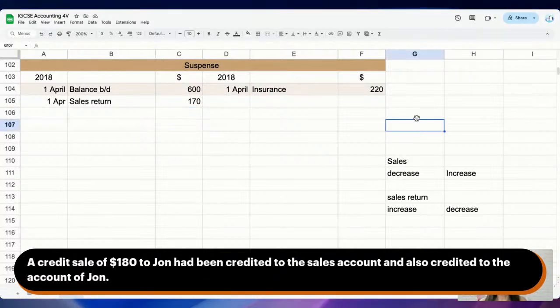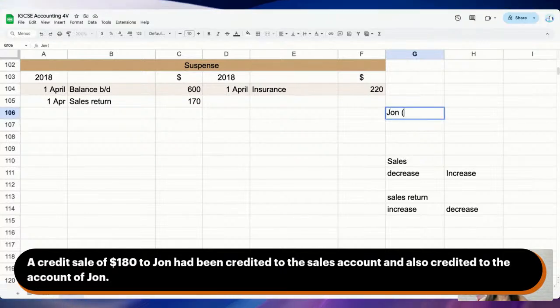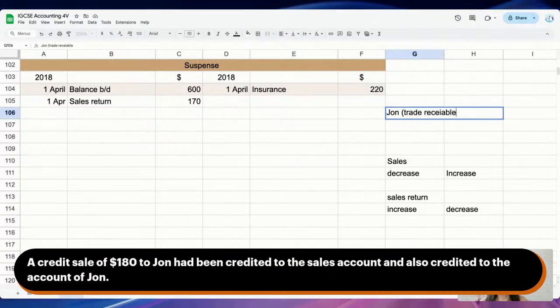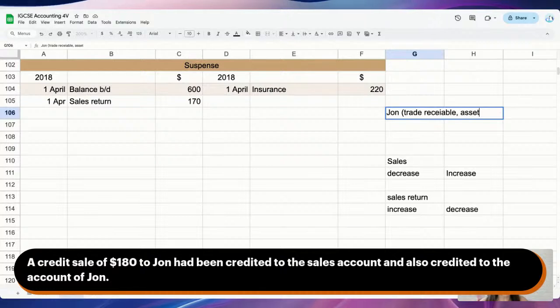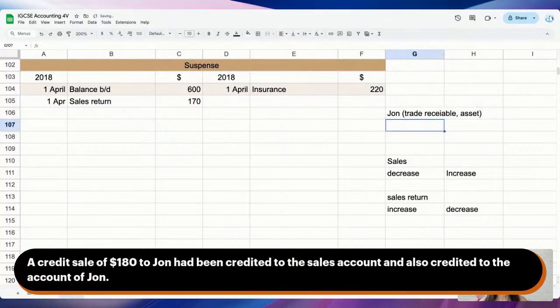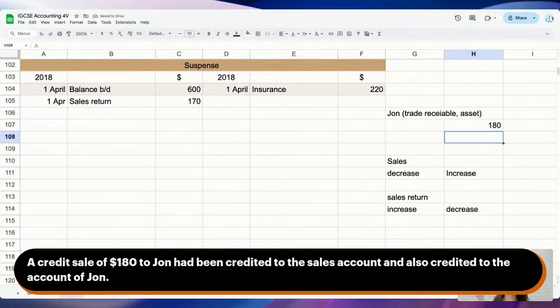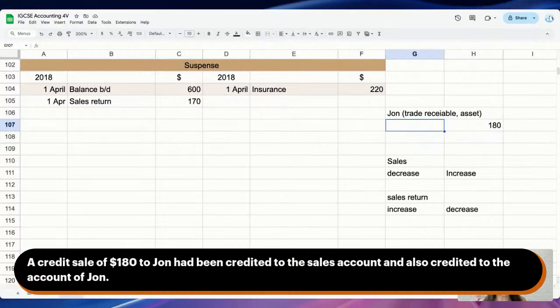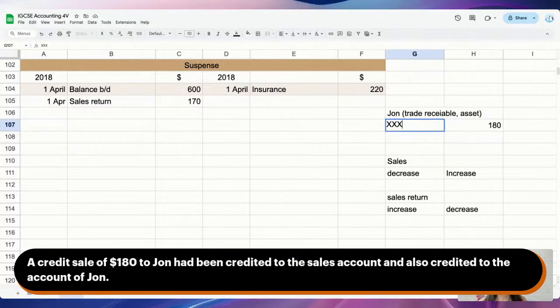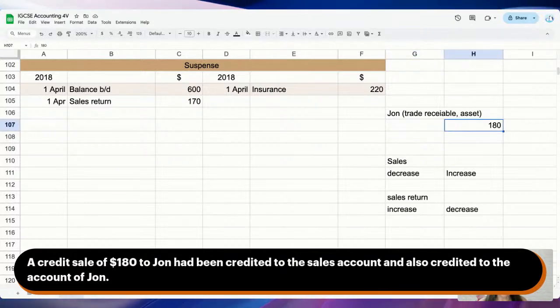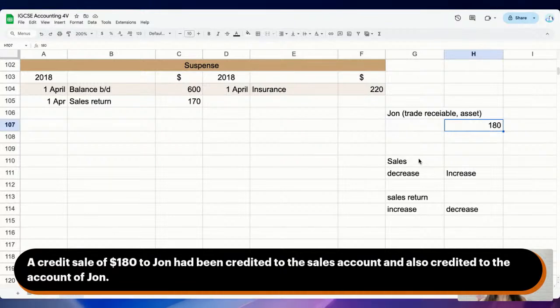Okay, now I have to show you John's account. Let's imagine this is John, we call it trade receivable, and we all know that this is an asset, right? So funny that in this case they went and credited it, which is not right, because for a customer, accounts receivable increase should be here, on the debit side. By right it should be here, but it was done wrong, for 180.